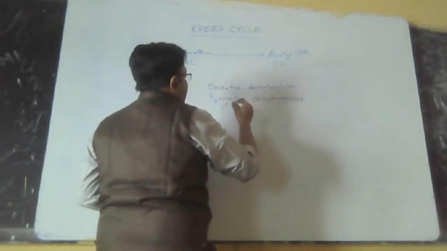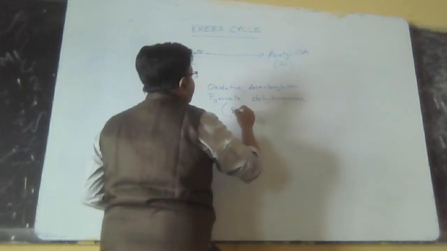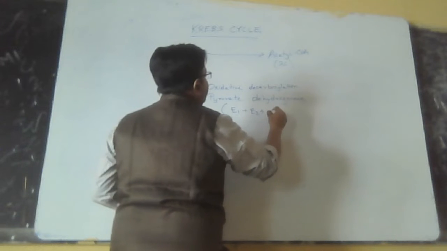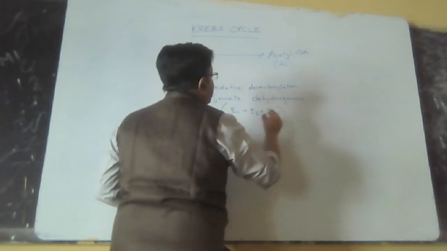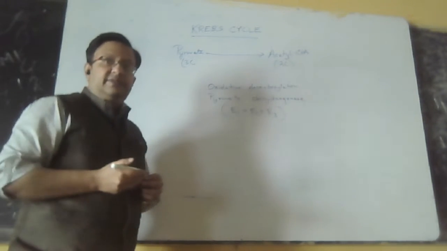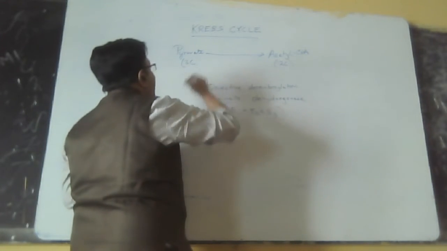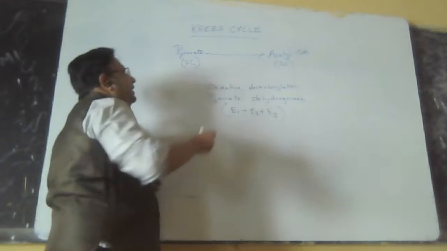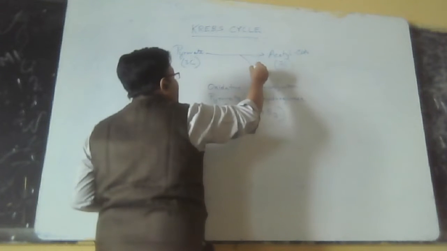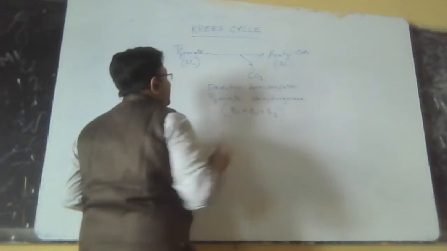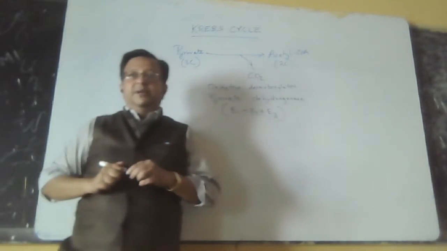This is a complex mix of 3 enzymes, E1 plus E2 plus E3. Each of these has a unique function. So this 3 carbon becomes 2 carbon. Why? Because a carbon dioxide molecule is released out. Therefore, this 3 carbon becomes 2 carbon.